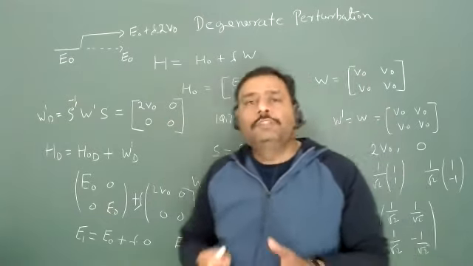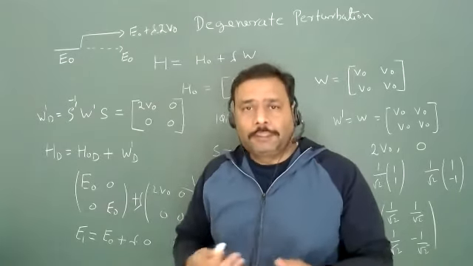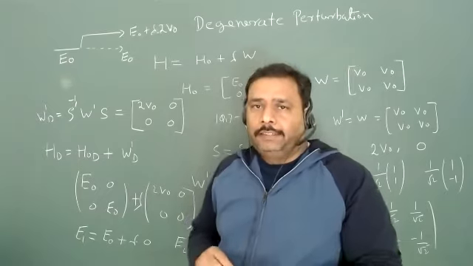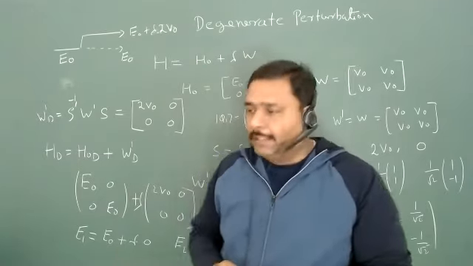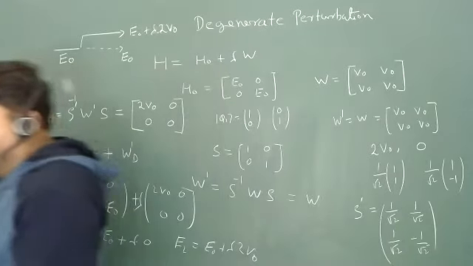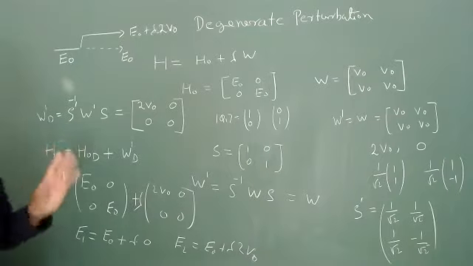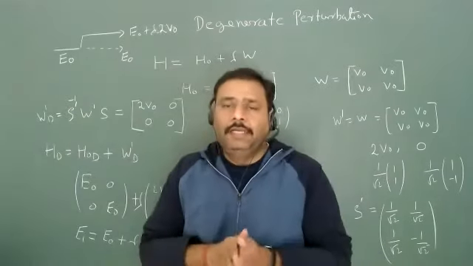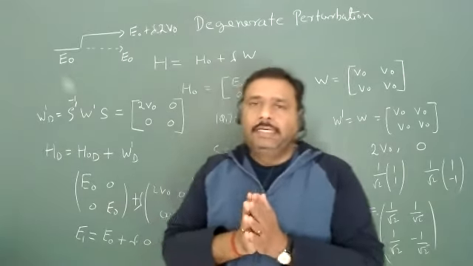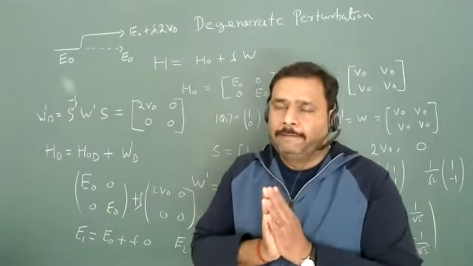And we have used this thing for hydrogen to know the hyperfine and fine structure of the hydrogen atom, isn't it? With the help of different kinds of degeneracy. Okay, so here we have done 2 problems. In these 2 problems, we have seen that our H naught is actually diagonalized.